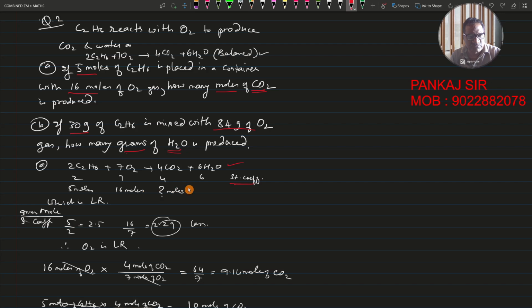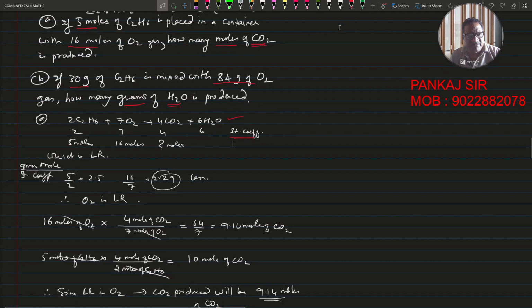Question A is telling you that 5 moles of ethane and 16 moles of oxygen are combined. So we will first have to decide which is the limiting reactant. Either reactant can be limiting, but we don't know which.